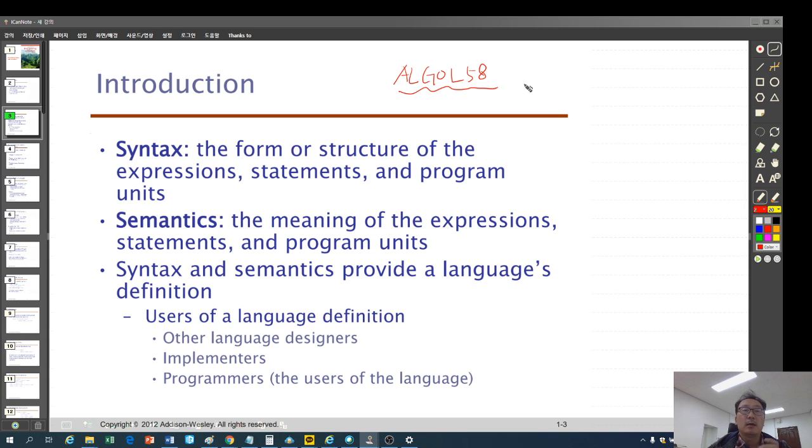They developed it together to define a universal programming language. Because many people were engaged, we needed a method to define the language and share it among many people, not only developers but also users.